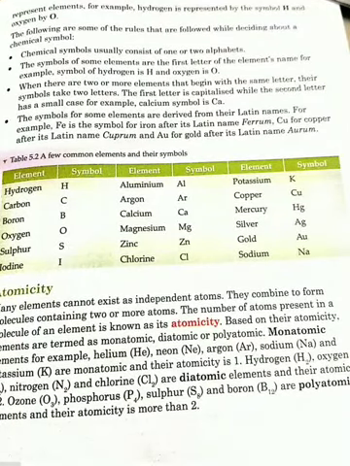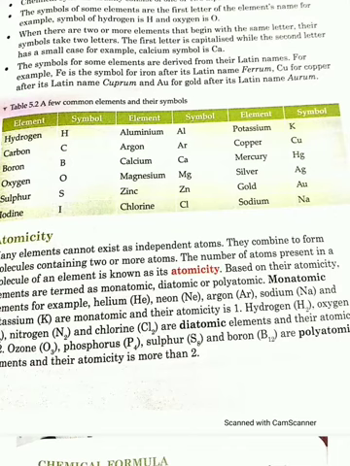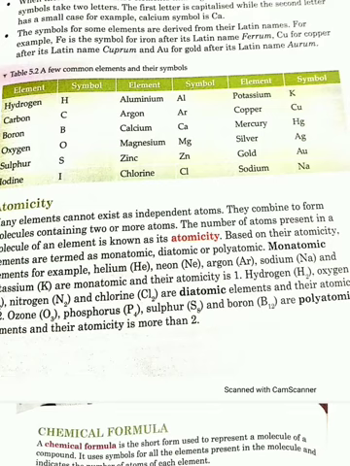Then we have some rules for how to write these symbols. A chemical symbol usually consists of one or two alphabets. Some contain one, but a few contain two. Usually the symbol is the first letter of the element, for example hydrogen is represented by H and carbon by C. When two or more elements begin with the same letter, the symbols are taken with two letters.